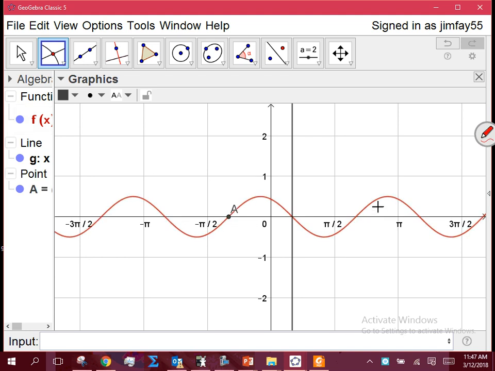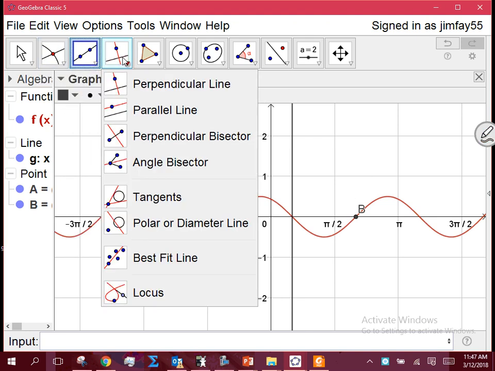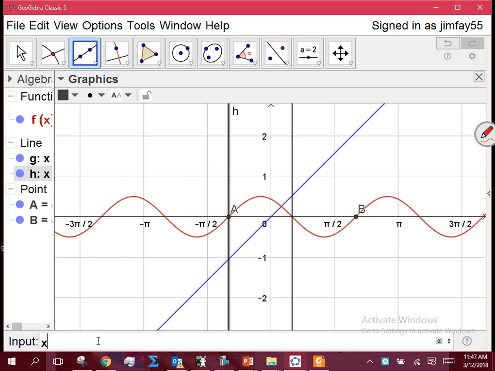There's one. There should be one there. So now if I put in x equals the x value of a, x equals the x value of b, we get those asymptotes.